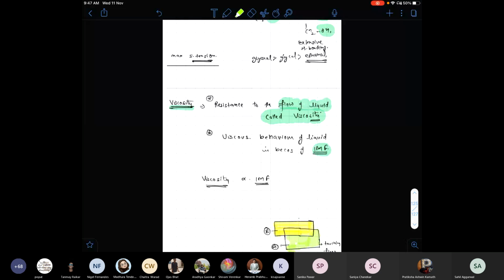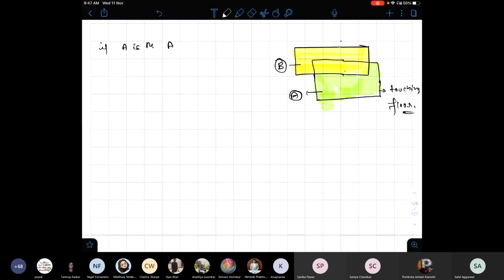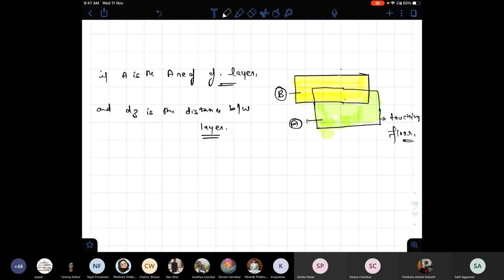If A is the area of the layer and dz is the distance between the layers, so viscous force will depend upon A and dz.